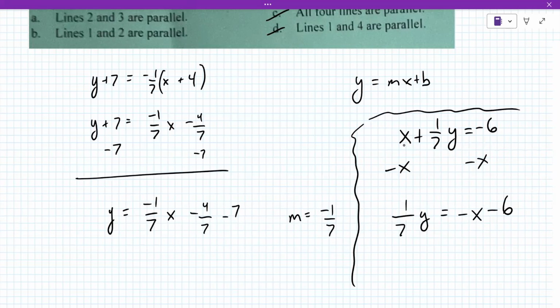And then how do you clear that fraction in front of the y? Multiply by 7. Yeah, and you multiply everything by 7. So -x becomes -7x minus 42. What is the slope of this equation? -7. Yes.